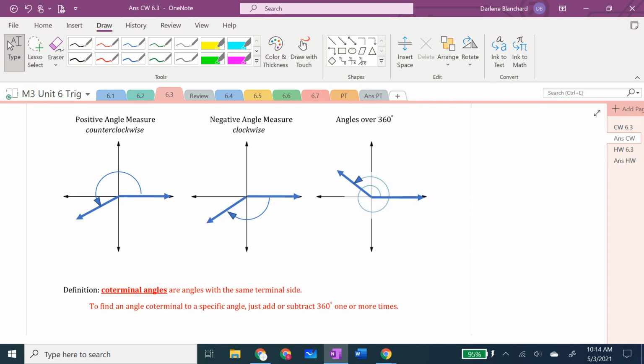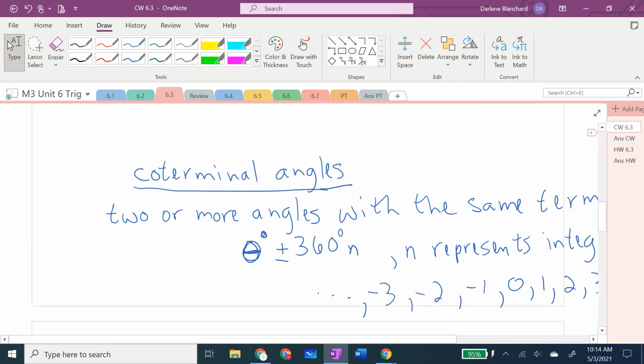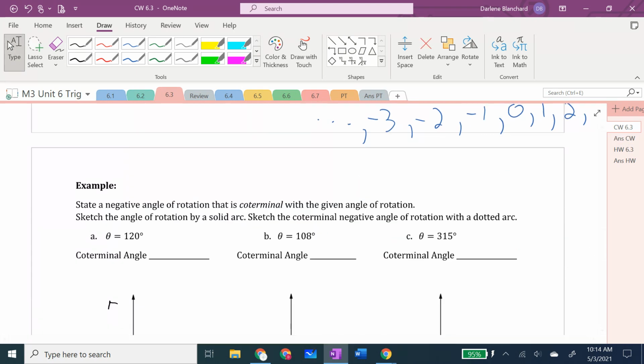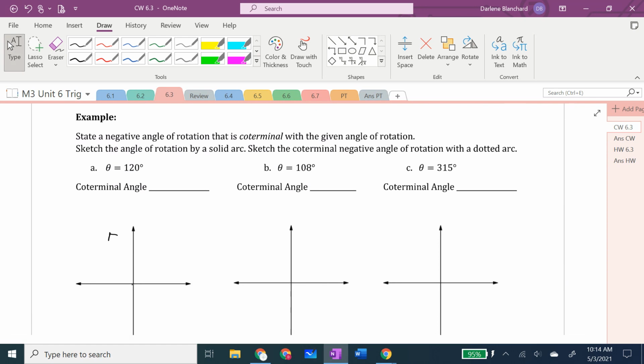Do you need me to leave that up for a moment? Okay, I'm going to go ahead and move forward. And this is actually posted with your classwork, so you can look at that also on your own. But now we're going to look at some examples.